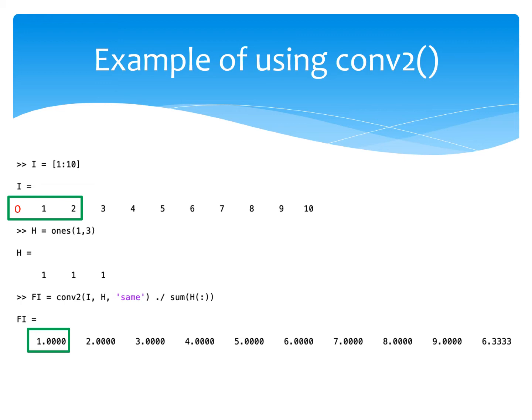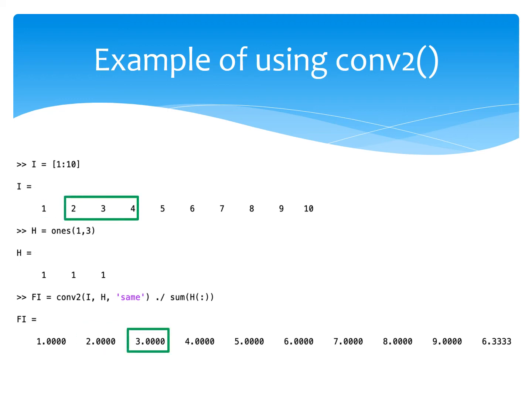So basically, the average of 0, 1, 2 is 1. Similarly, when we move the filter to the second element, 2, we are going to calculate the average of 1, 2, 3, where the result of that is 2.